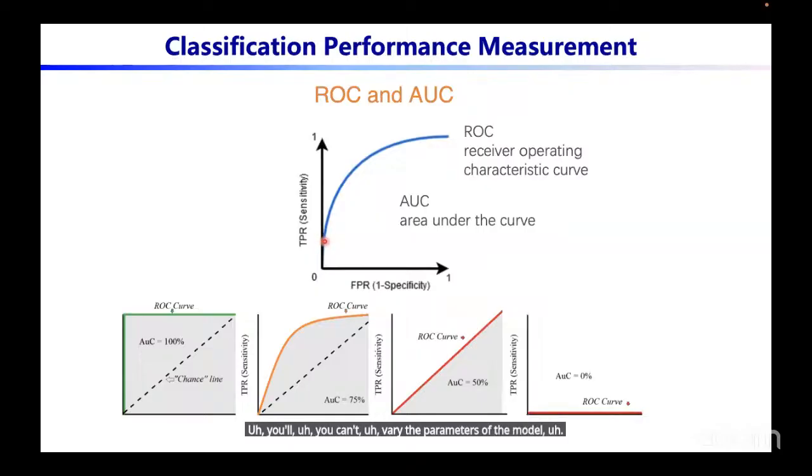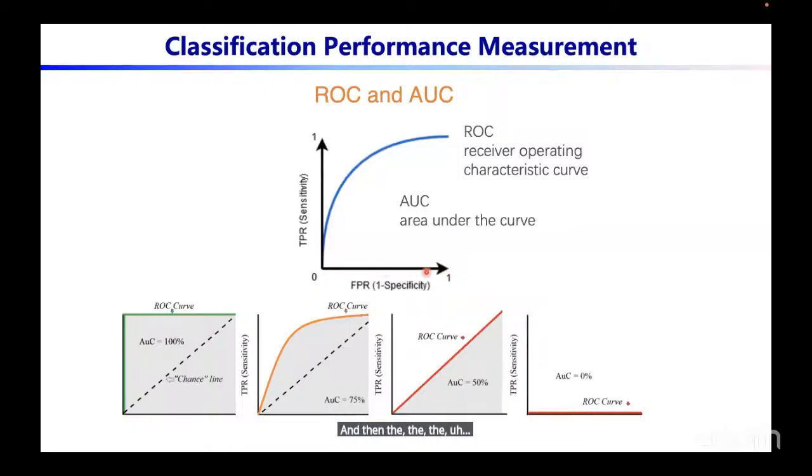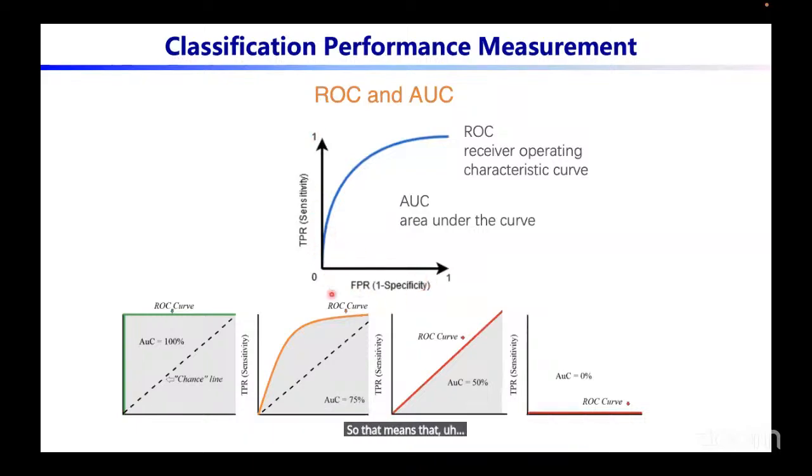The y-axis represents the positive performance, and the x-axis represents the negative performance, but in the opposite sense, that means it is 1 minus the specificity. So on the y-axis, the higher the value approaching 1, the better the performance. But on the x-axis, the lower value means the higher performance on the negative.